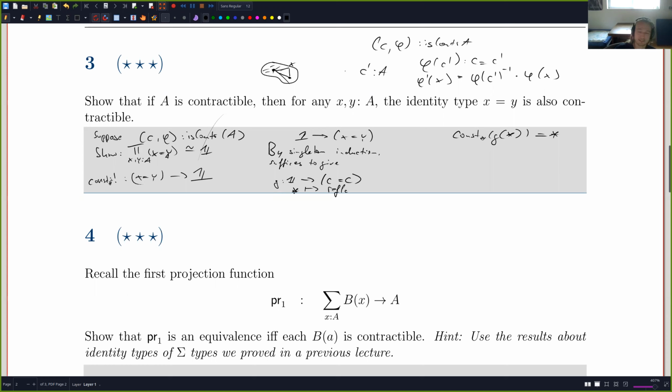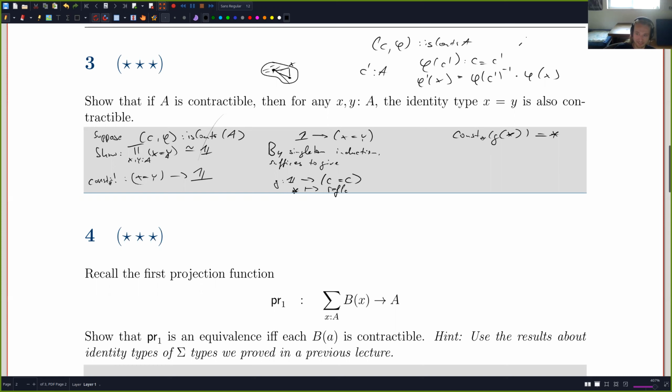Yeah, I mean, one is truly a singleton. But what's a singleton? A singleton is defined to be an element which satisfies singleton induction, and a type is contractible if and only if it satisfies singleton induction. So you can't really distinguish them, maybe by the induction principle, but in the end it amounts to the same.